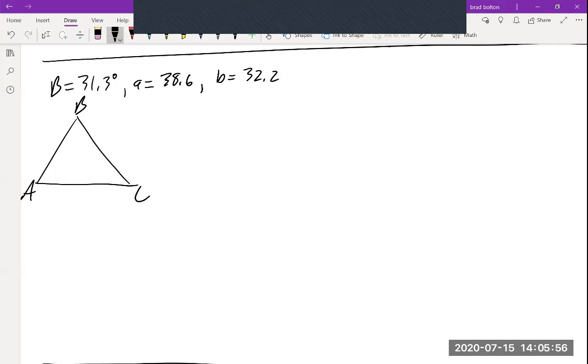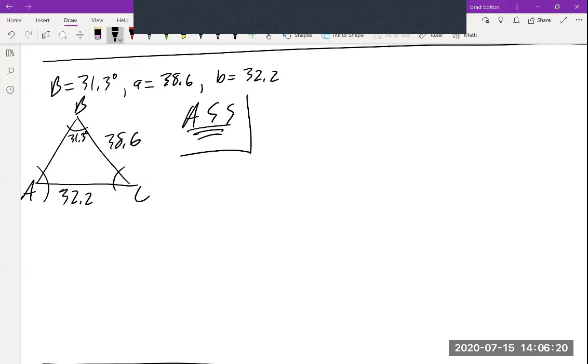So angle B is 31.3 degrees. Side A is 38.6. Side B is 32.2. And we don't know C, and we don't know angle A and angle C. So we have angle-side-side, or side-side-angle, whichever way you prefer.